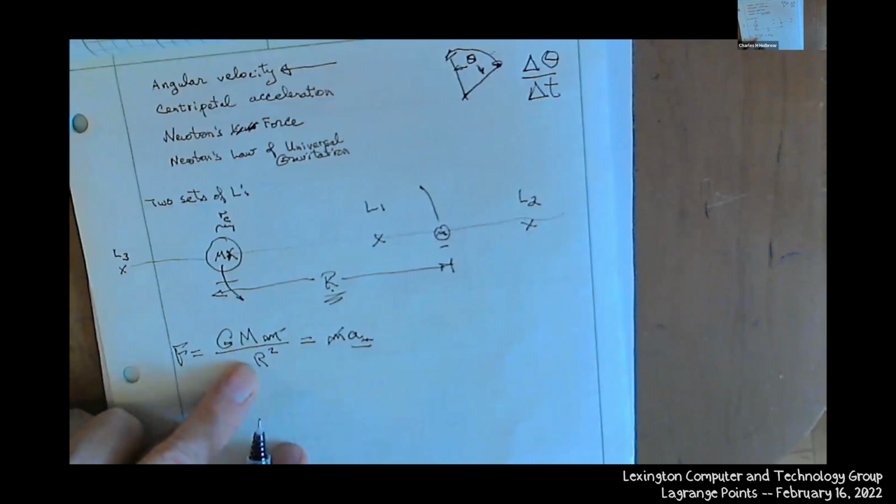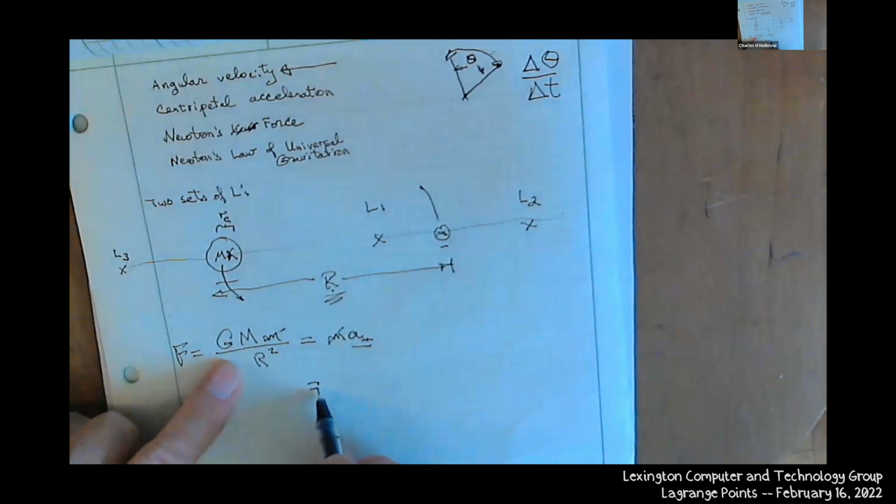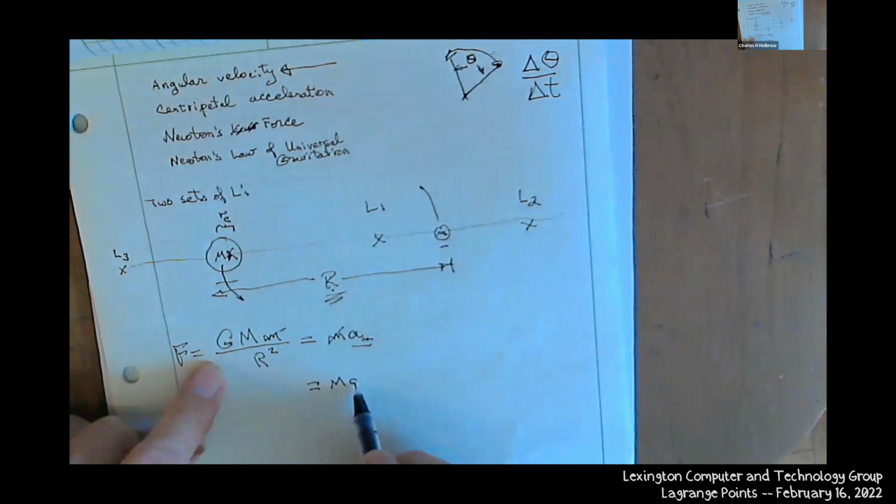I mean, that's where it comes from. But if you ask yourself, well, what about the force of the Earth on the sun, on big M? I mean, it's the same force.